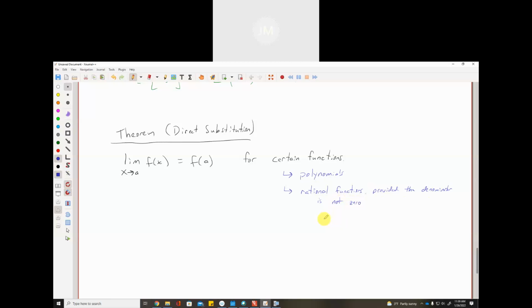Okay. In later sections, we'll find out that this also works for trig functions. This works for exponential and log functions. Okay, this works for basically all the functions we work with as long as we don't end up with something undefined.